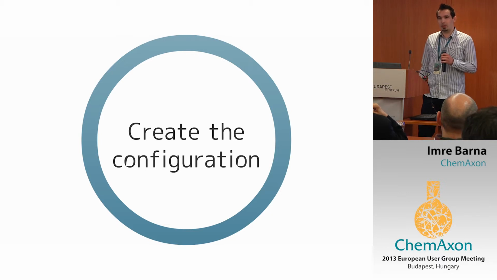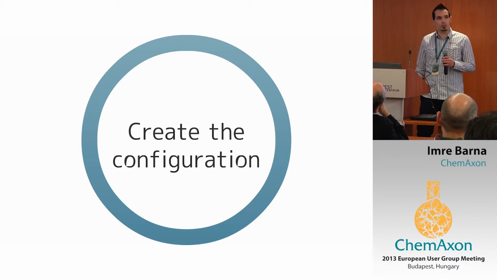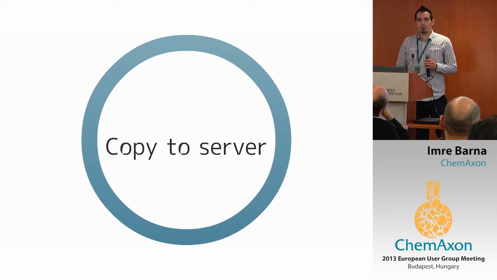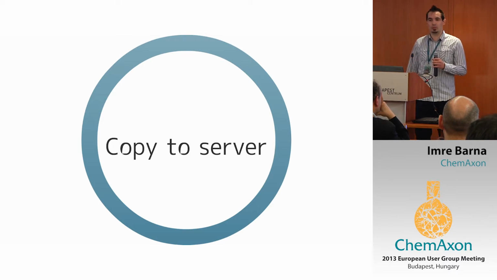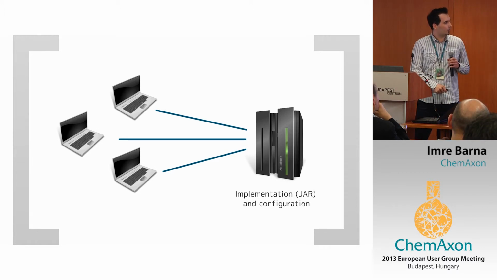Integration will happen on the server side now, so our users won't have to do anything to have this new rule integrated. So we just create a Java archive again, upload it on the server, and integrate this into a configuration that is also stored on the server. As you can see, we have the implemented standardizer rules and the configuration on the server too.